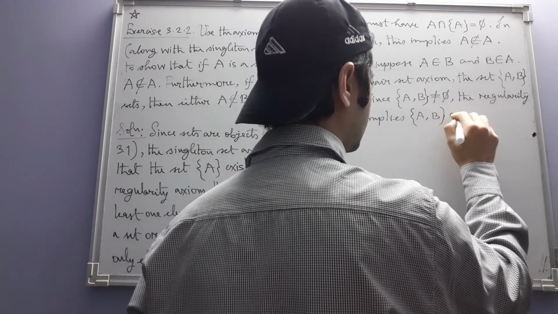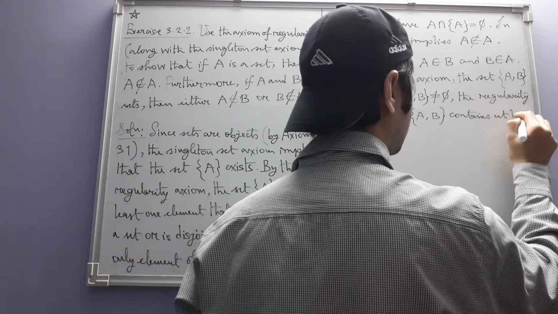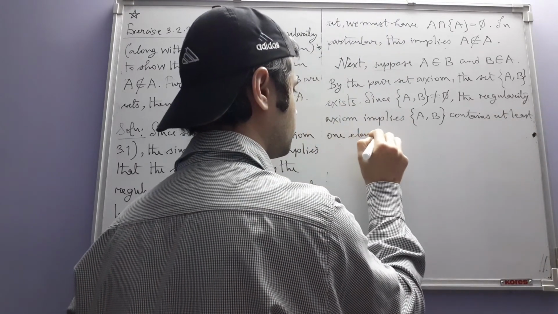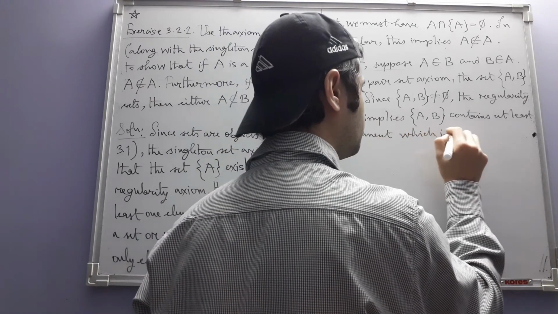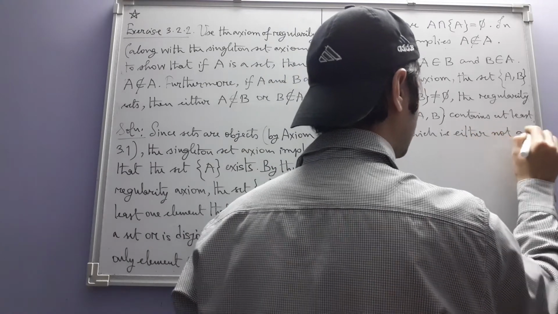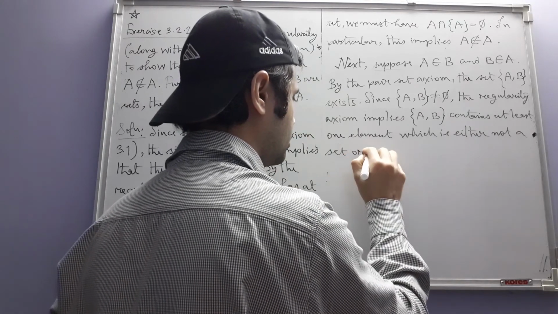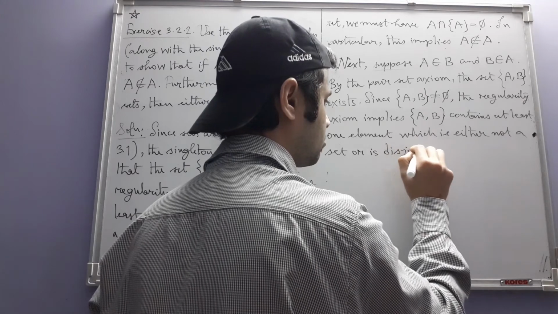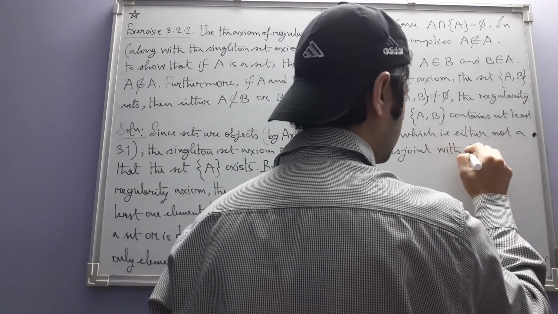This contains at least one element which is either not a set or is disjoint with A.